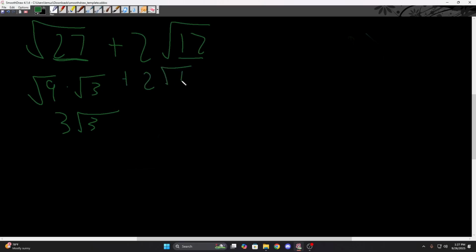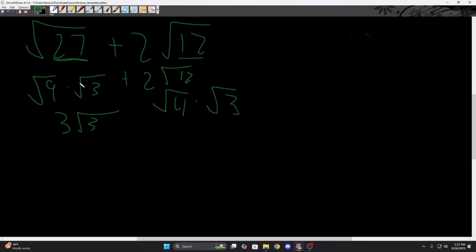Here, 2 radical 12. Well, since we already have 3 here, you want to try to match that here. So I'll give you an example. Radical 4 times radical 3. Because think about it, right? When you're doing this, you really just do what 2 numbers multiply each other to get 12, right?